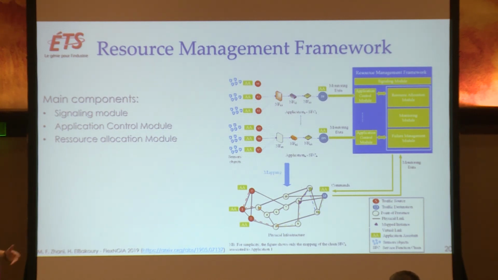If it decides, for example, that it needs more instances, it will communicate with the resource allocation module here, which will provision the required resources. Of course, here we have a signaling module. The signaling module is used mainly to create or request a service function chain and send the requirements to the resource allocator.